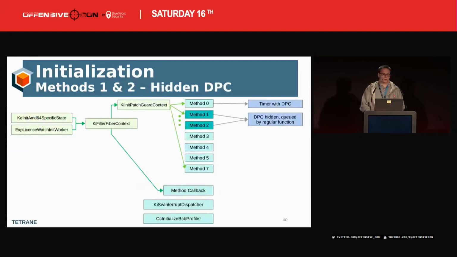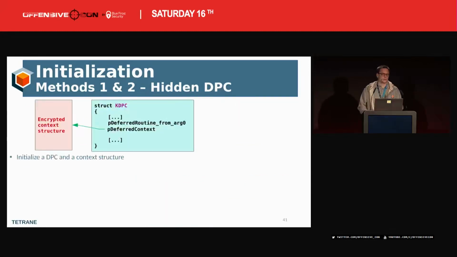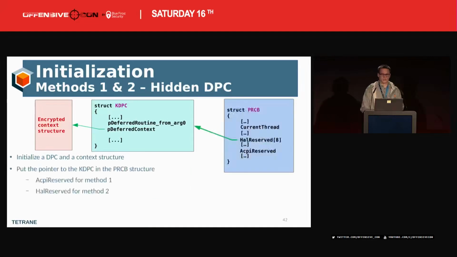The next methods are almost the same, methods 1 and 2. Basically, it will use a DPC and hide it. So it will initialize the DPC and a context structure, but instead of queuing directly with the timer or else, it will hide a pointer to this DPC into a structure in the kernel, which is a processor control block, which is usually used by the kernel to handle thread stuff, system stuff and scheduling stuff.